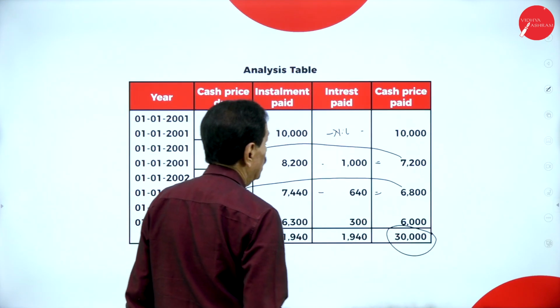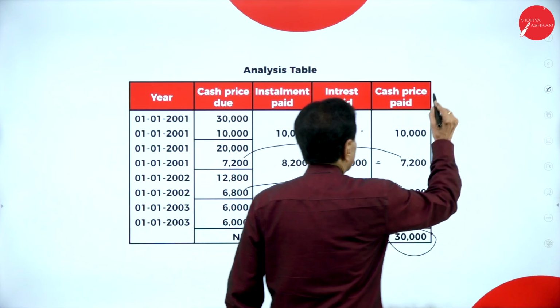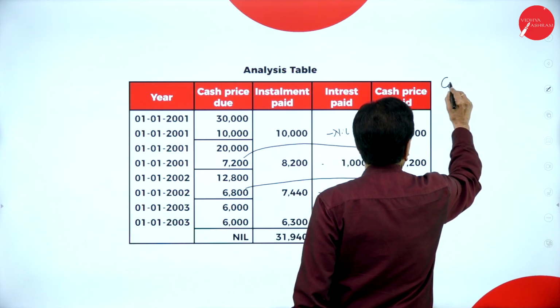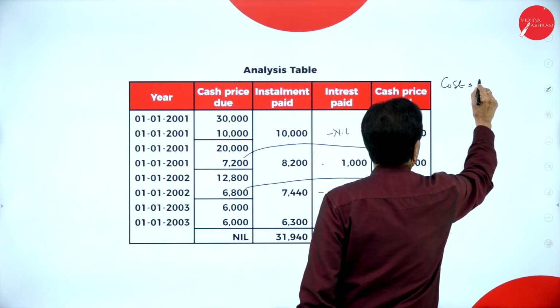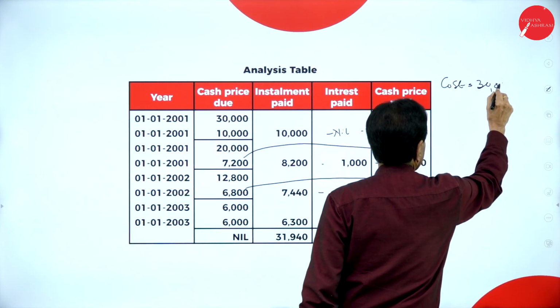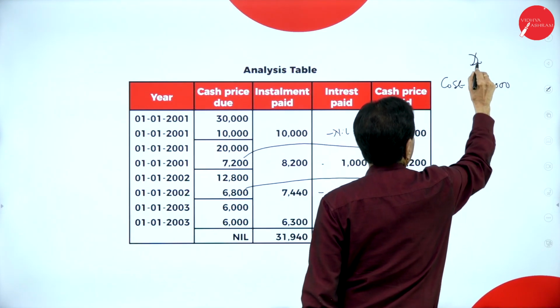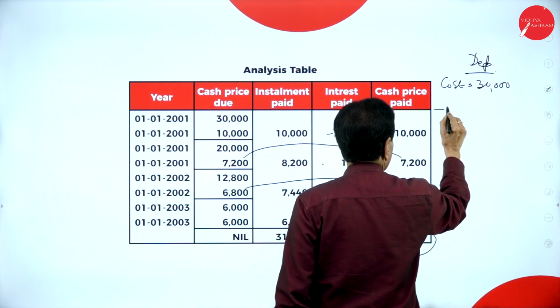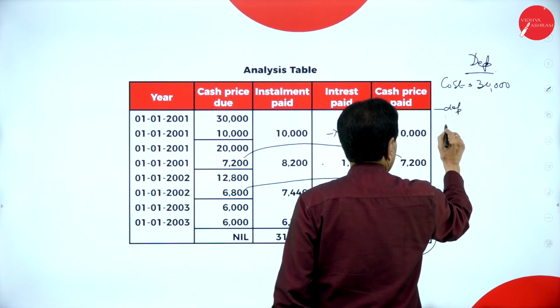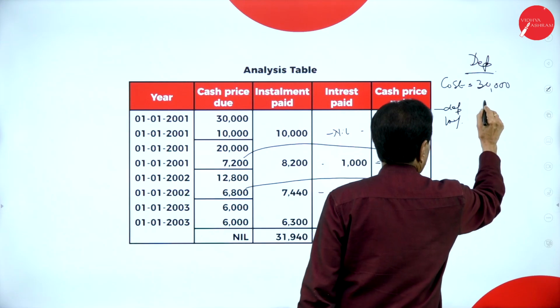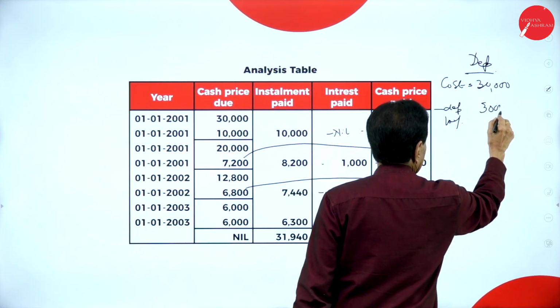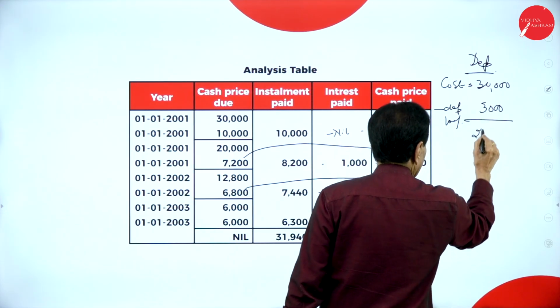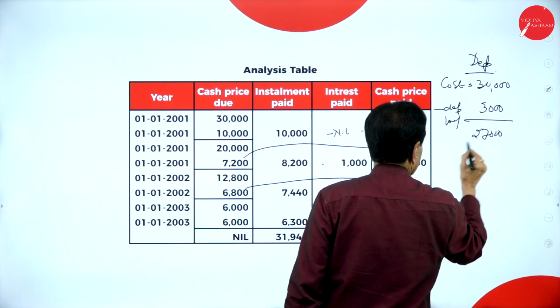What's your cost of the machinery? Cost is equal to 30,000. Minus depreciation 10%, 3,000. Balance is 27,000.